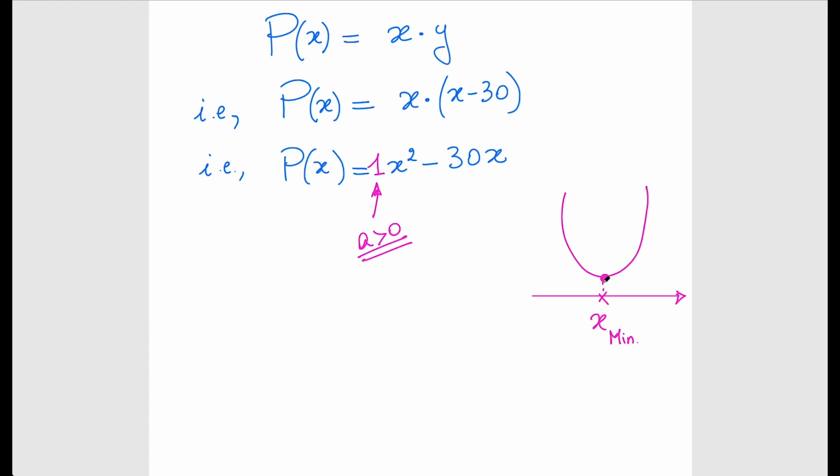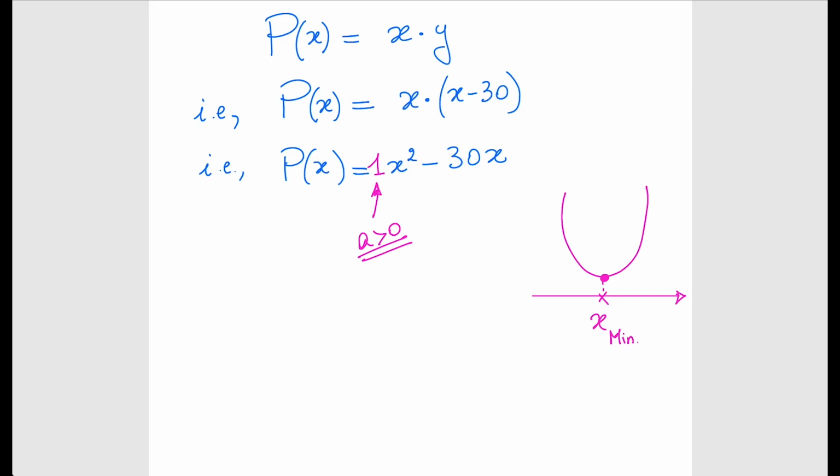Okay, so how do we get our hands on this x? Well, we know the recipe for x, right? It's the x coordinate of the vertex. It's minus b over 2a by the vertex formula that we just talked about a few minutes earlier, right?